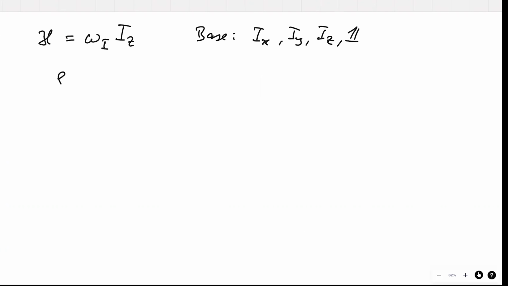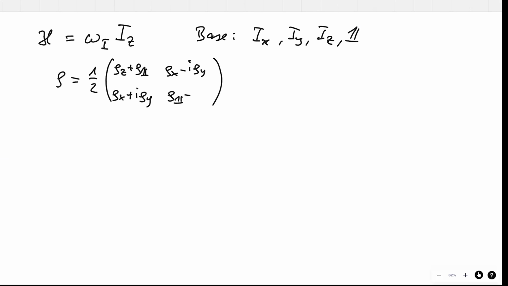We can write our rho to be 1/2, and this is rho z plus rho 1, rho x minus I rho y, rho x plus I rho y, and rho 1 minus rho z, which you can also write, of course, as rho x times Ix plus rho y times Iy plus rho z times Iz plus rho 1 times 1.